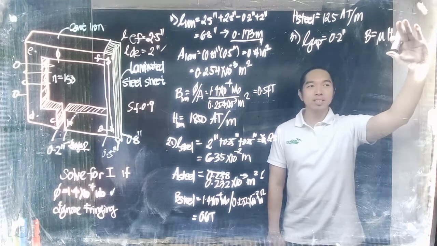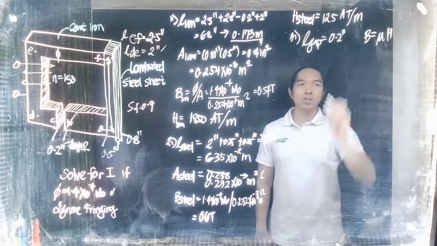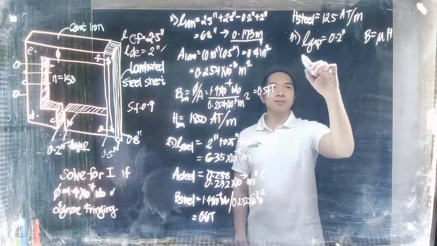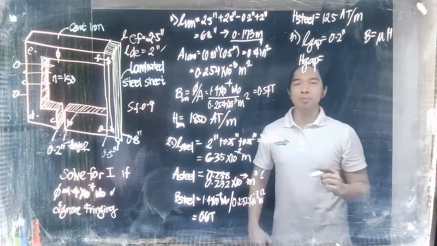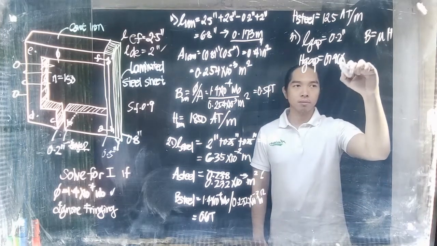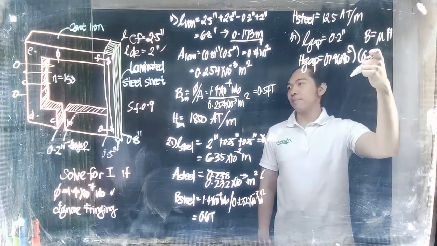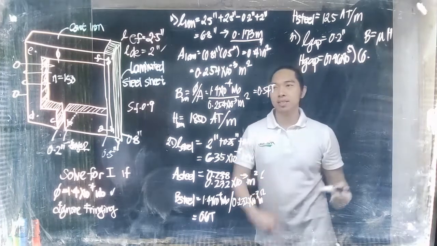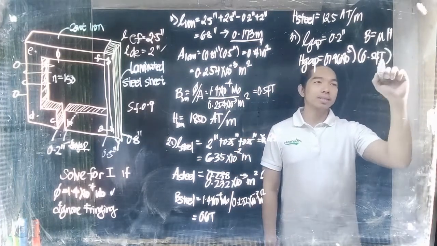So gagamitin natin itong relationship na ito. By using this relationship, we can transpose everything and then manipulate the equation such that we'll have the H of the gap be equal to the permeability of the space times our B over mu. Alam natin yung B na to ay equal sa B ni iron, which is equal to 0.54 Tesla.